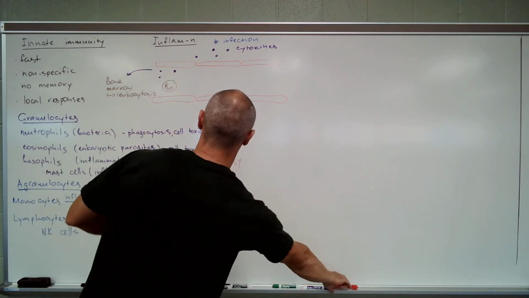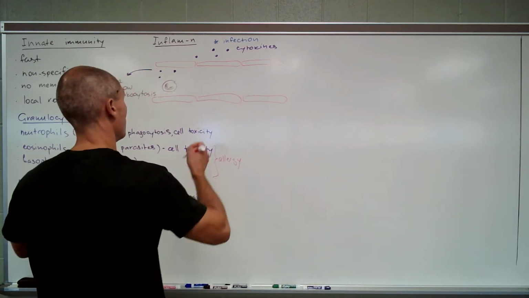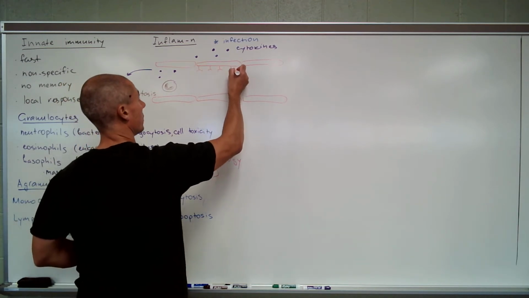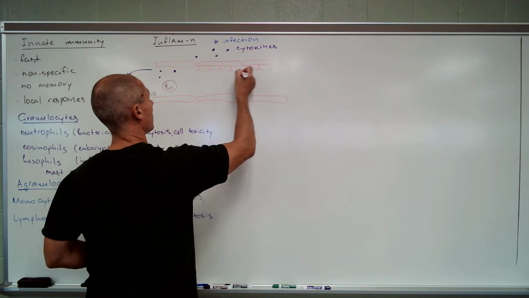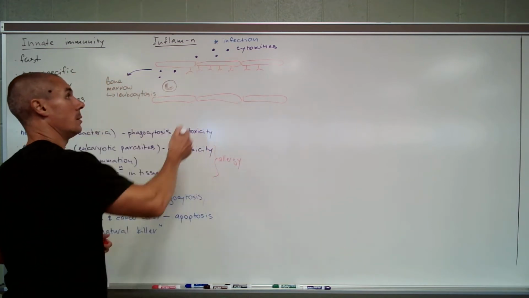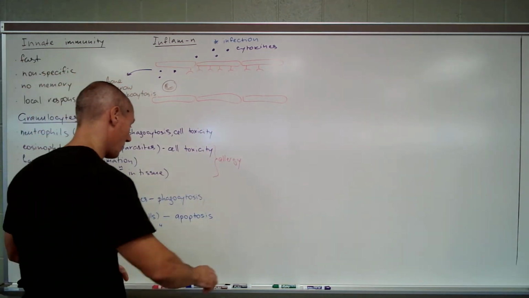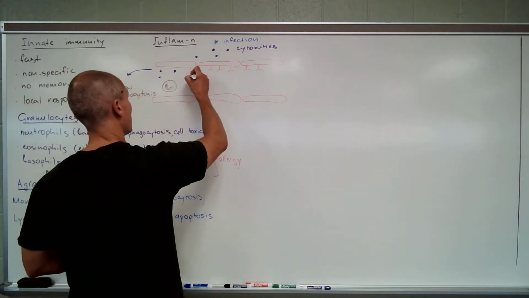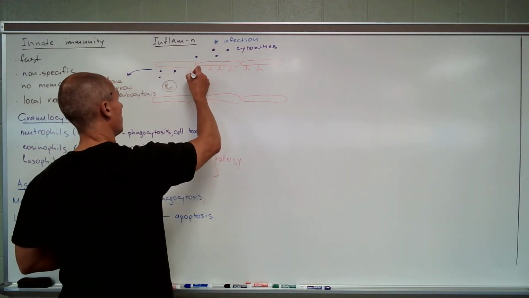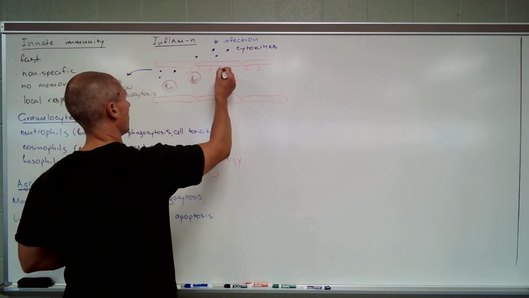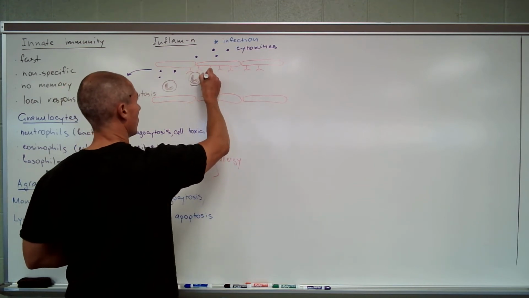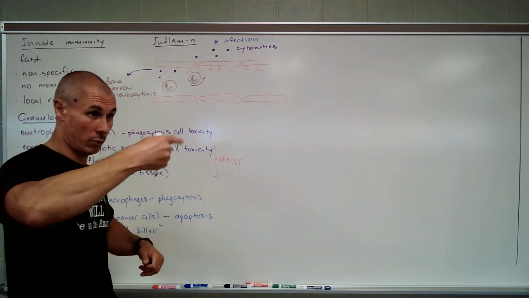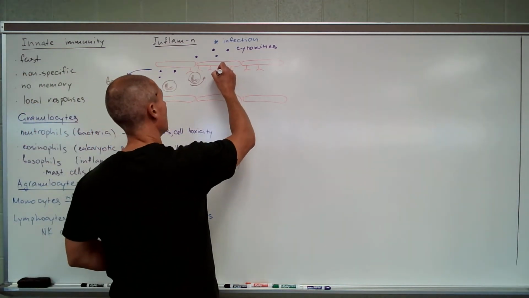Well, it turns out that those cytokines stimulate the production of so-called adhesion molecules on the surface of endothelial cells near the site of infection. So adhesion molecules do exactly what the name suggests. They stimulate the adhesion, then rolling, so white blood cells literally roll on the endothelial cells.